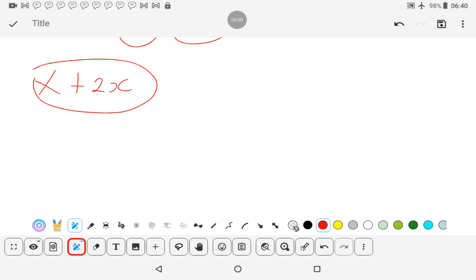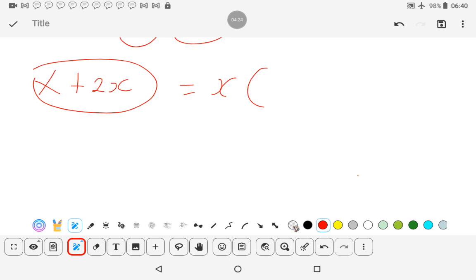If you look at it, we have x plus 2x, meaning that x is common to the two. So you bring out the common factor of the two expressions. The common factor here is x. Then you open a bracket.